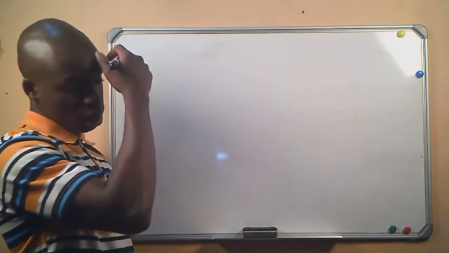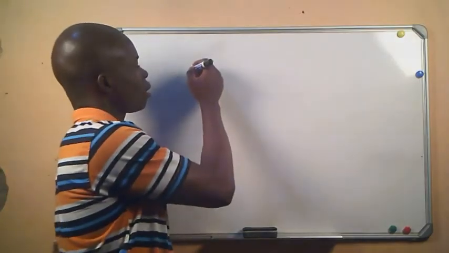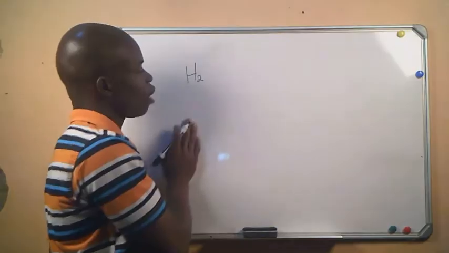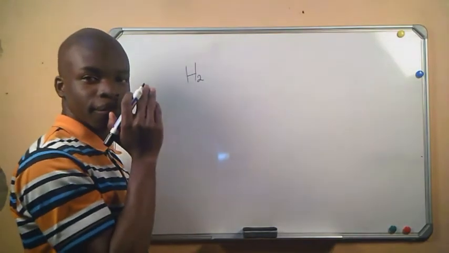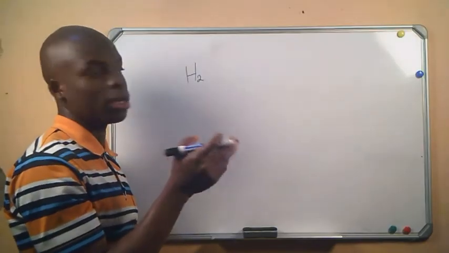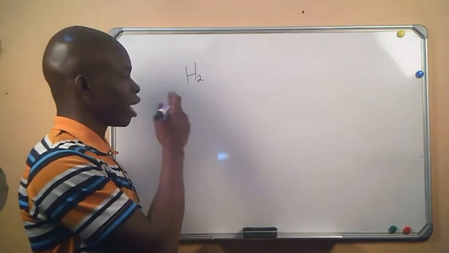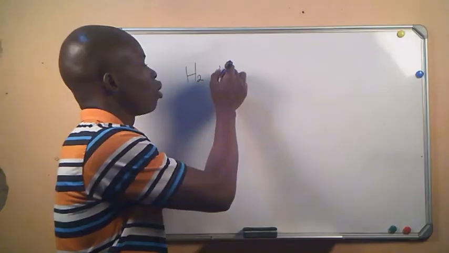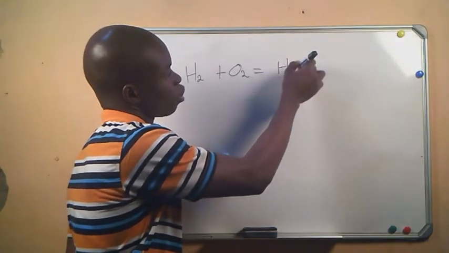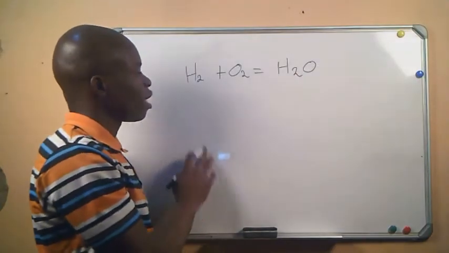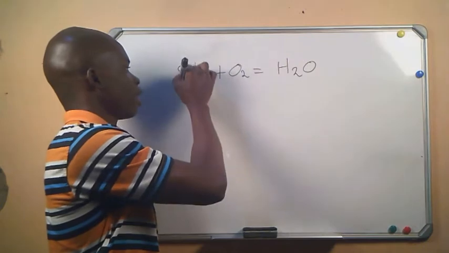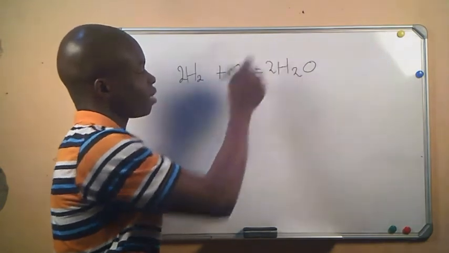From fuel by mass, we know that if we are looking for the amount of oxygen that is required to completely burn, for example, hydrogen, the product will always be water. The first thing that we have to do is to balance the equation. And then we will get something like this.